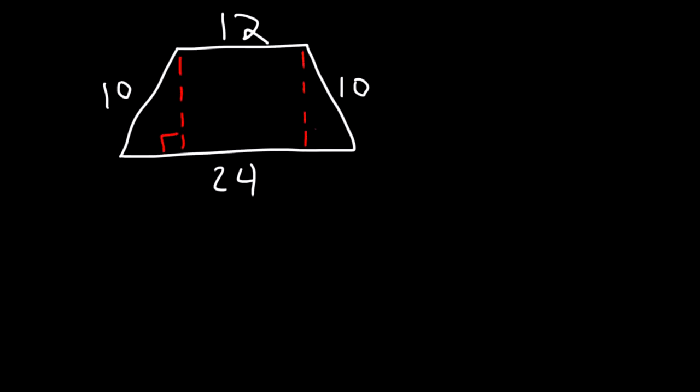So we need to make 2 right triangles. Now keep in mind, this entire length is 24. Which means that this is 12. So this section has to be 6, and that has to be 6, so that it adds up to 24. So now we can find the height of the right triangle.